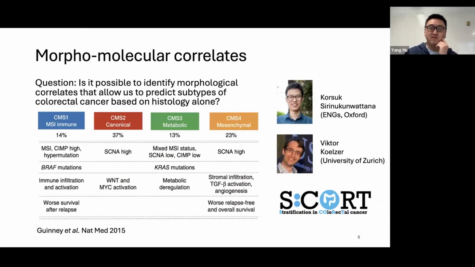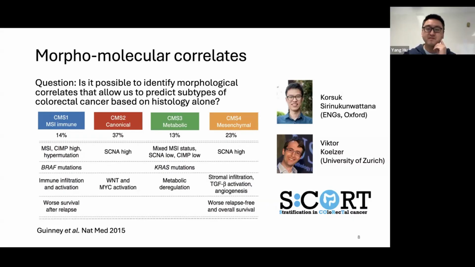A very pioneering work, published about 5 or 6 years ago and conducted by our old friend Kosuke, raised the question: is it possible to identify the morphological correlates that allow us to predict the molecular subtype in colorectal cancer based only on histology images?